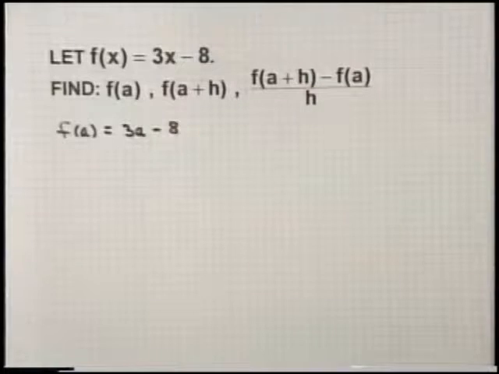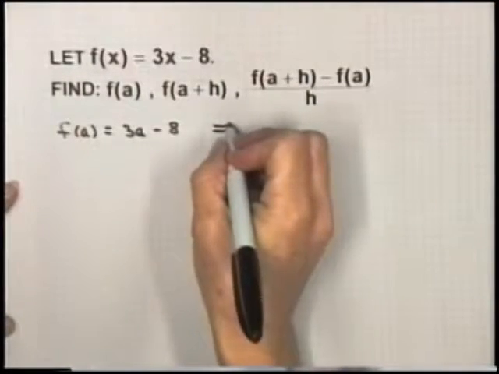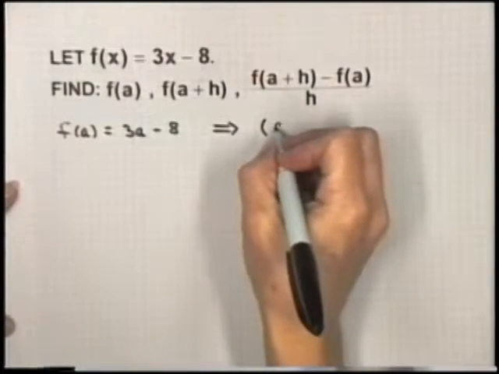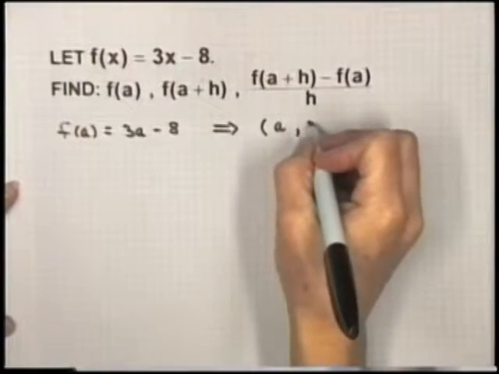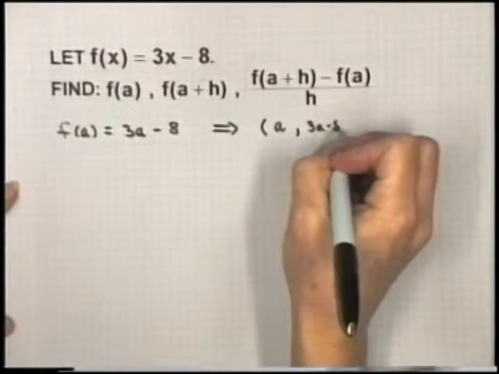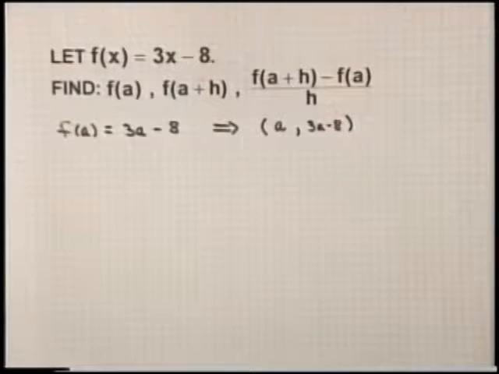Since I may not combine the terms 3a and 8, I cannot simplify this solution. Now, we mentioned last time, this is telling me a set of ordered pairs. This is equivalent to saying whenever I replace x with a for my first coordinate, my y value is 3a minus 8.